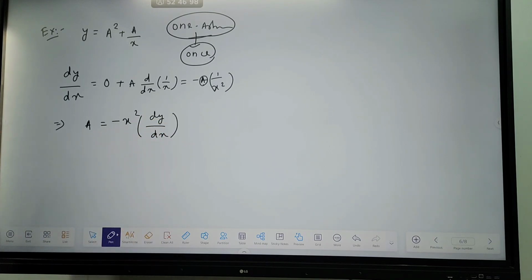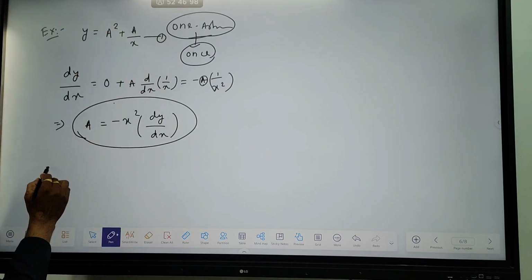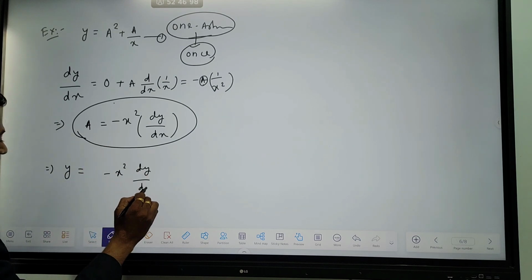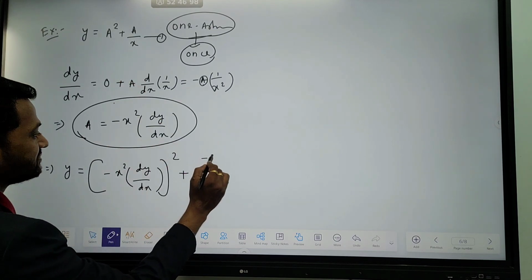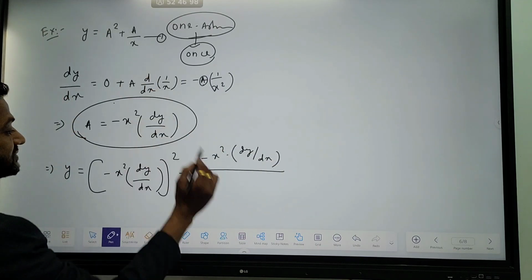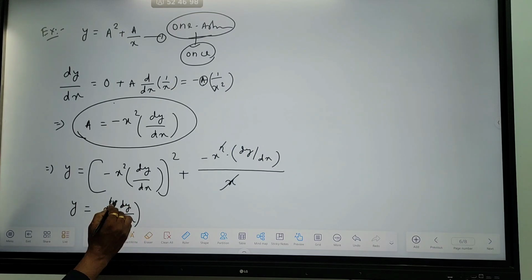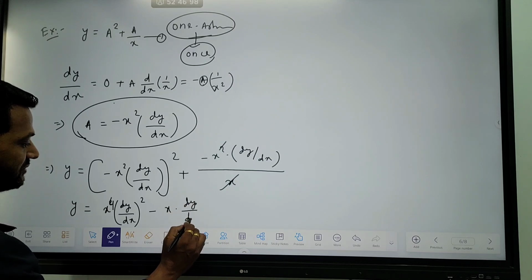Okay, now you put this value in this equation, so मतलब y will be a square, मतलब minus x square dy by dx the whole square, then plus a by x, a is minus x square dy by dx by x, so x cancel, and this one is coming x to the power 4 dy by dx whole square minus x into dy by dx.